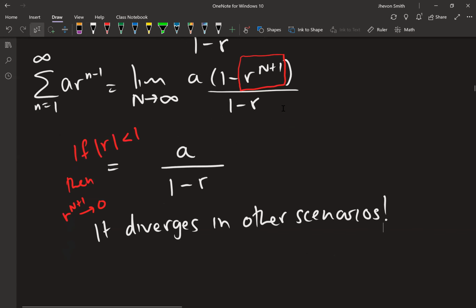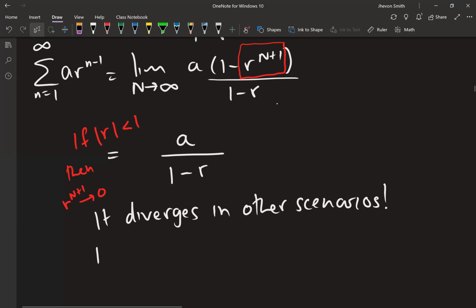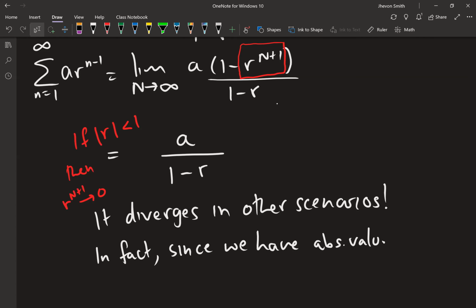In fact, since we have absolute values around the R, this gives absolute convergence.